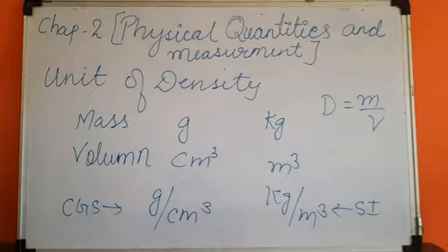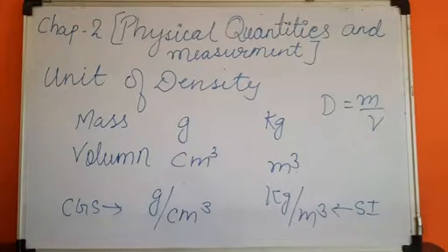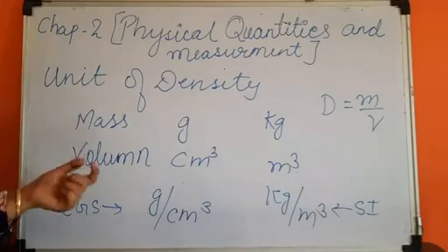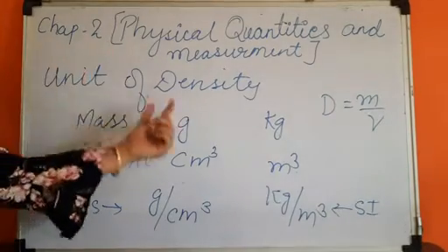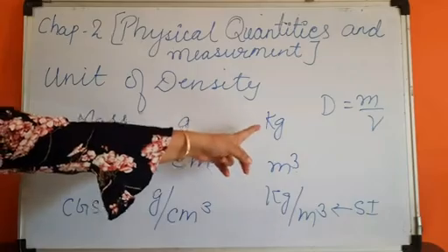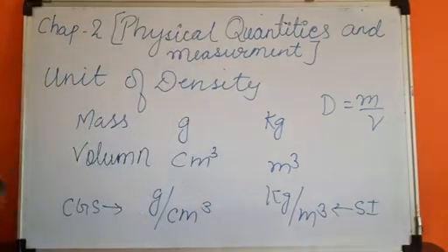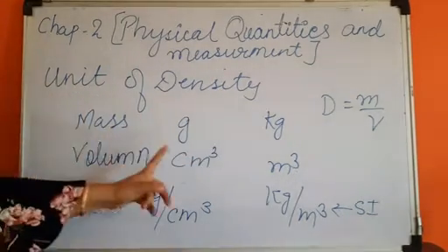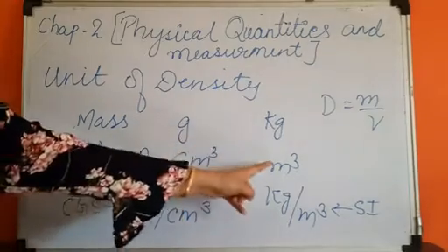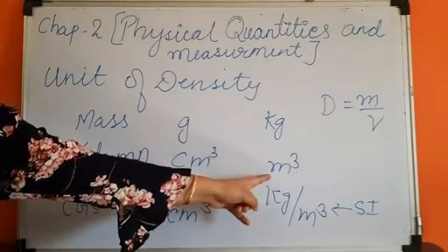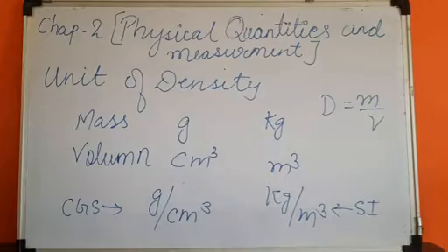Unit of density. Let's talk about the unit of mass and volume. Unit of mass in CGS is gram, in SI system it is kilogram. Unit of volume in CGS is centimeter cube, and in SI system, cubic meter.